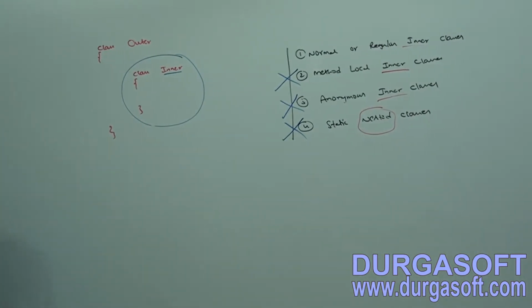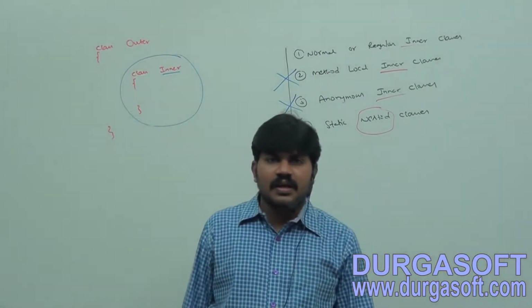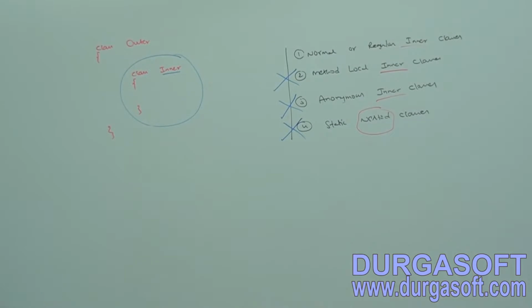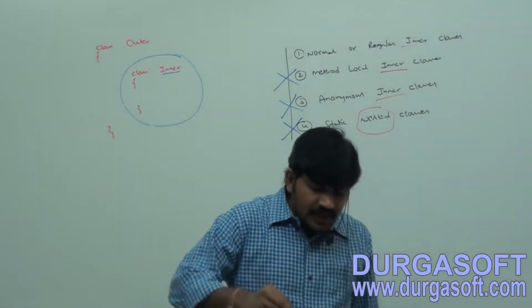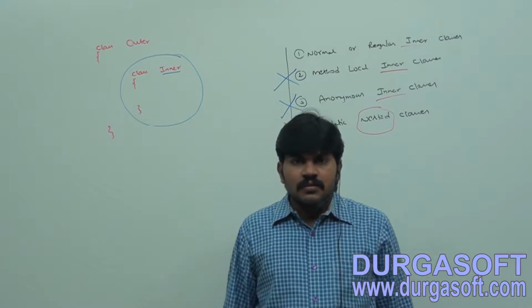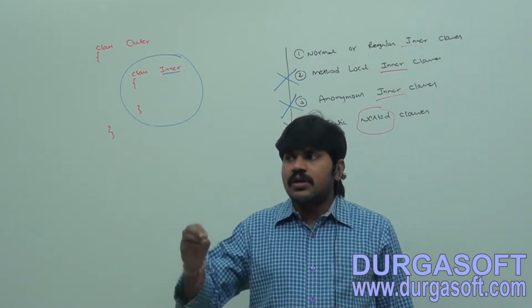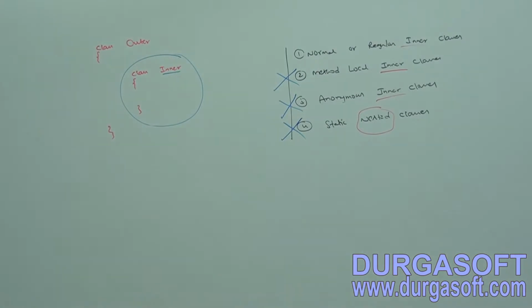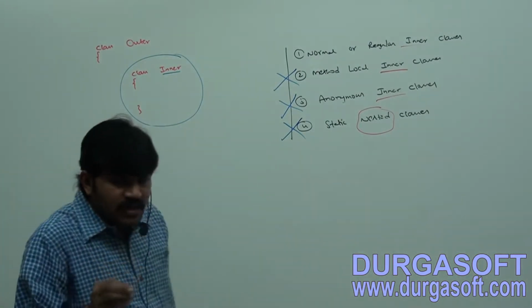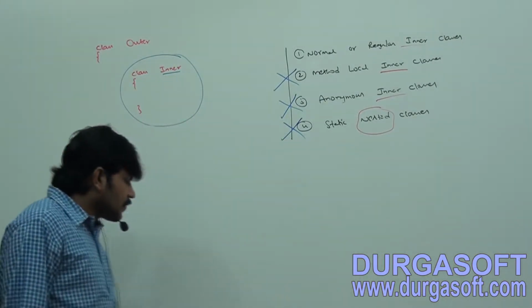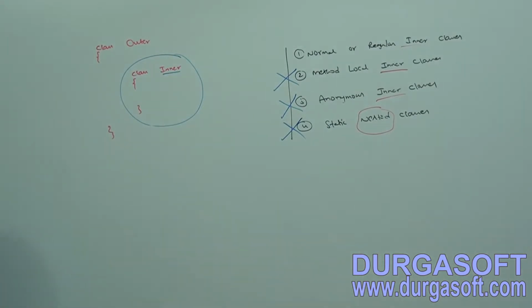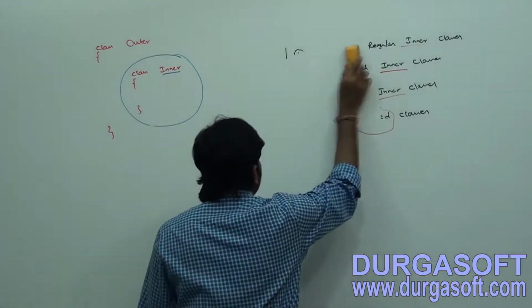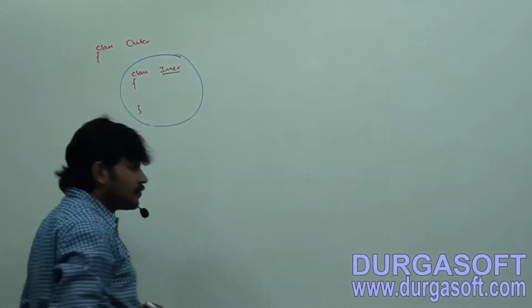If we are declaring any named class directly inside a class, without a static modifier, such a type of inner class is called a normal or regular inner class.